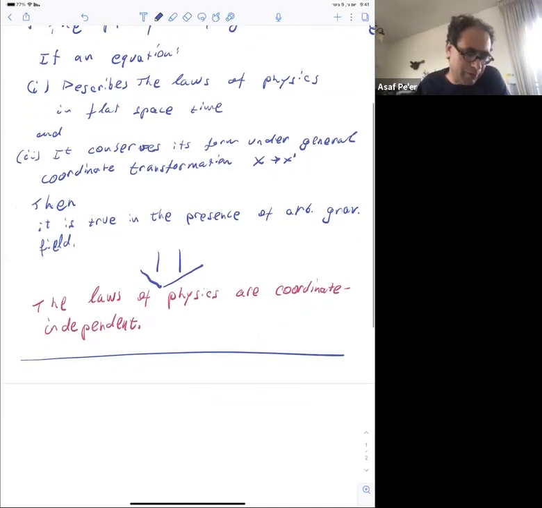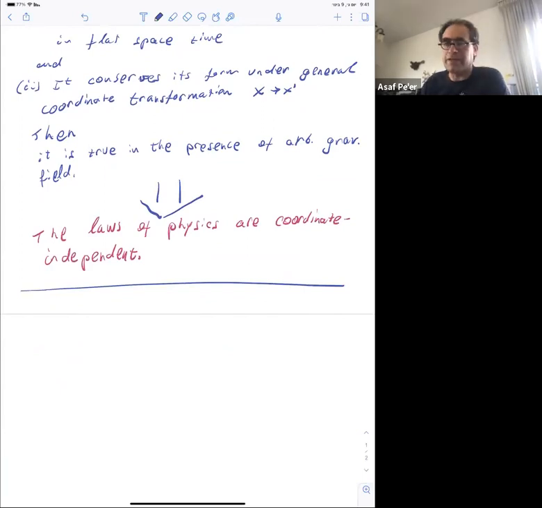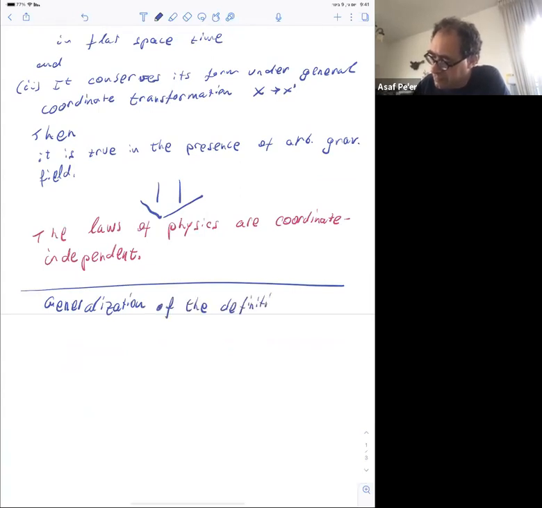So the first thing, which I was trying to emphasize, is that in curved spacetime, I'm going to identify vectors as directional derivatives. So the next thing we did is basically a generalization of the definition of vectors and tensors to curved space-time.